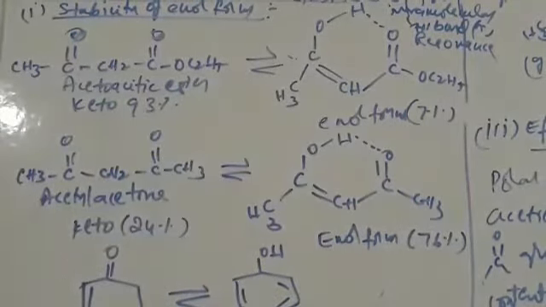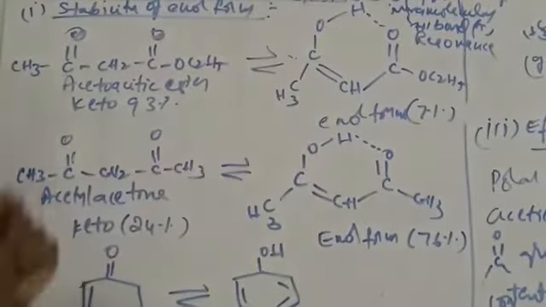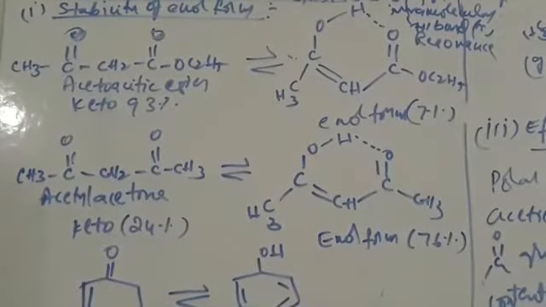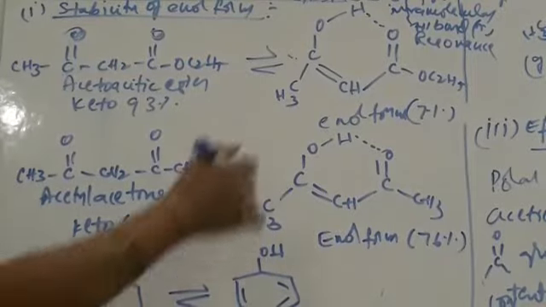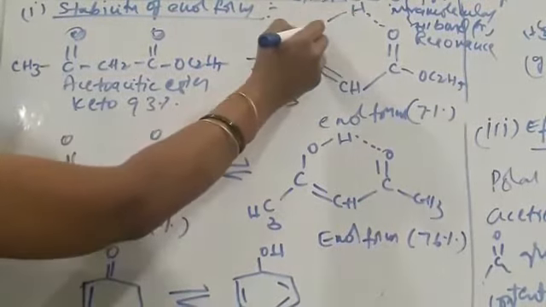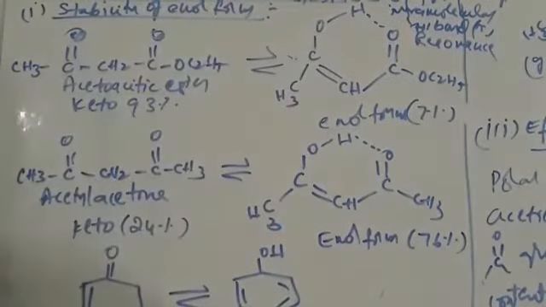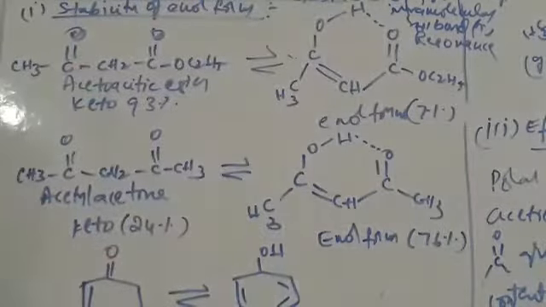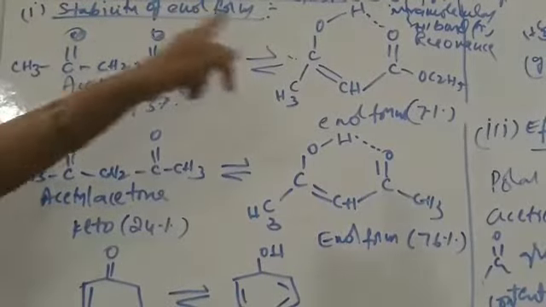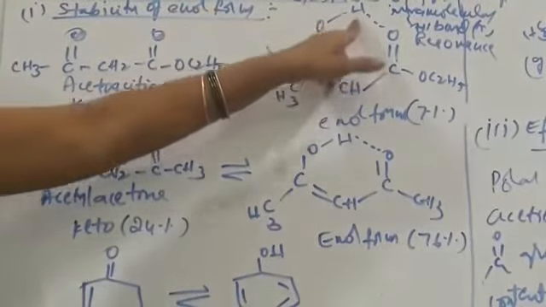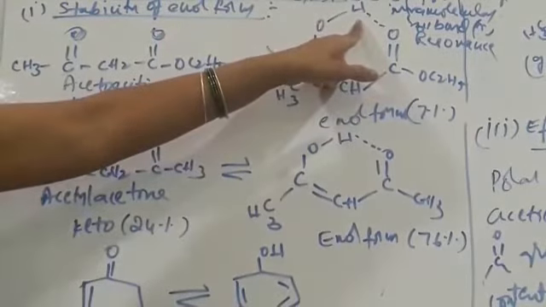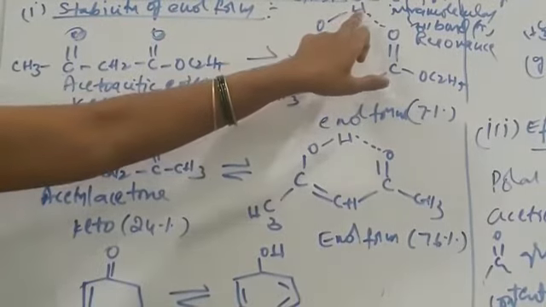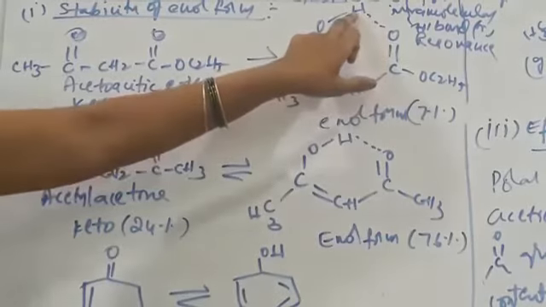After the formation of the enol form, a weak electrostatic force of attraction operates between the hydrogen of the alcoholic group and the oxygen of the keto group. This weak electrostatic force of attraction is nothing but a hydrogen bond. So an intramolecular hydrogen bond is formed.